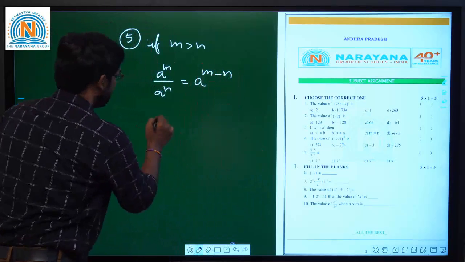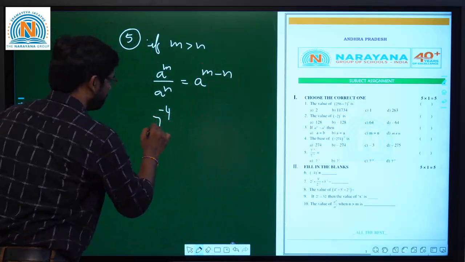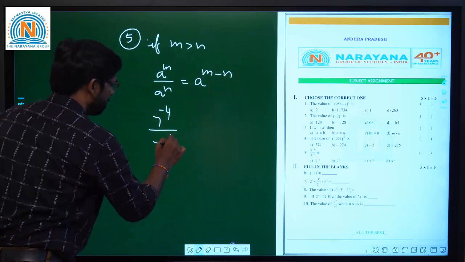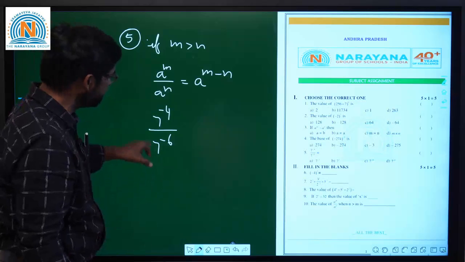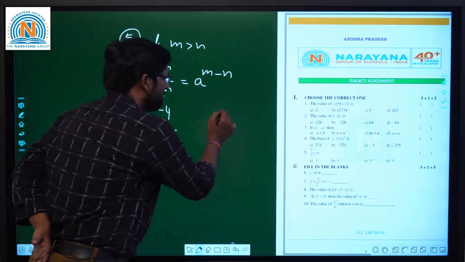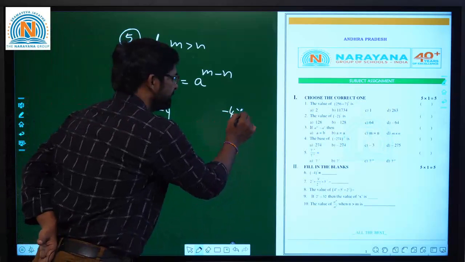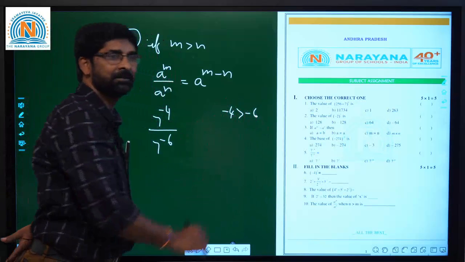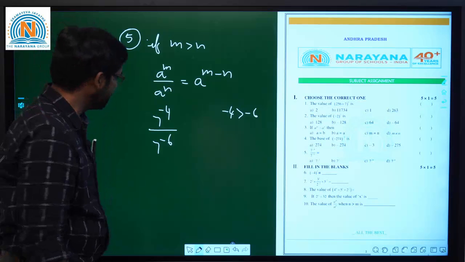Like that, 7 to the power of minus 4 by 7 to the power of minus 6. We observe that the bases are equal. Now compare the exponents, which one is greater? Minus 4 is greater than minus 6.